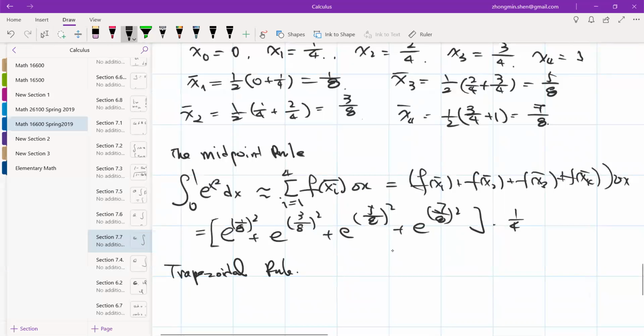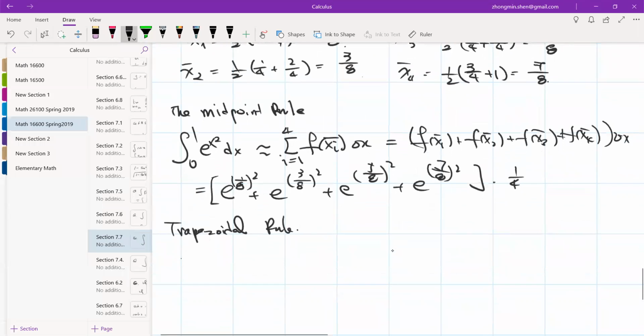Trapezoidal. So trapezoidal, right? Because each time it is going to be, if you remember the original formula, right? Okay, this is the original formula.